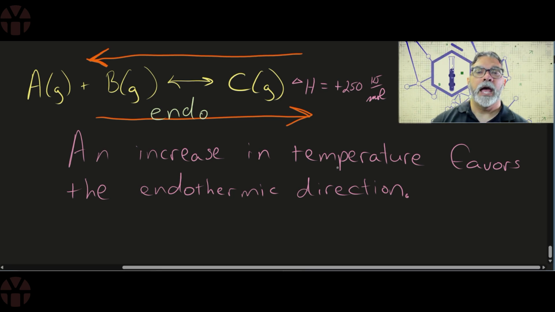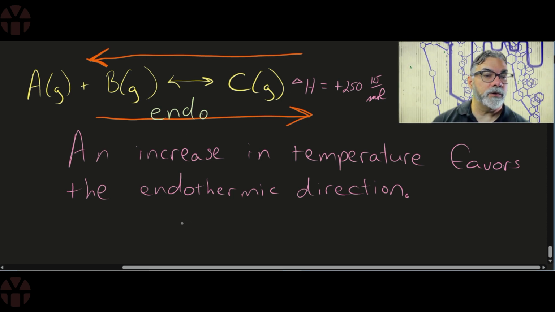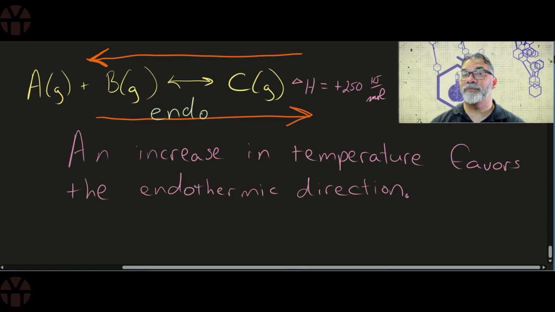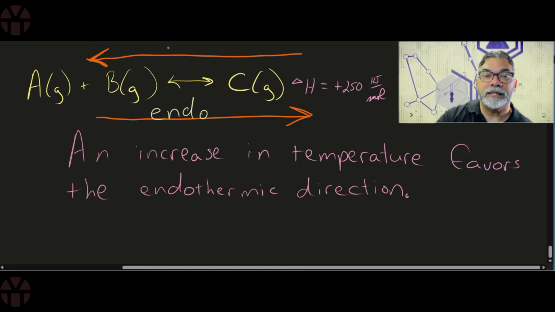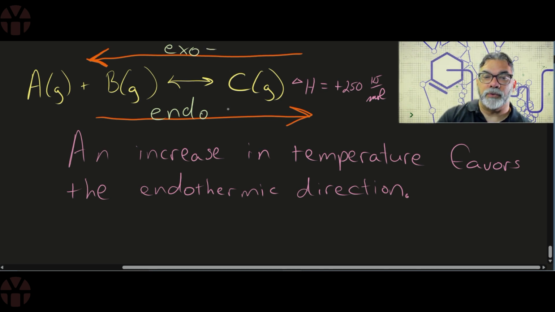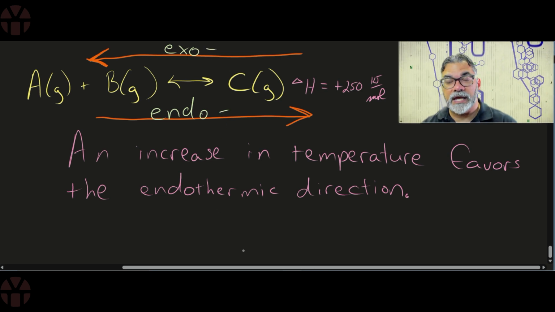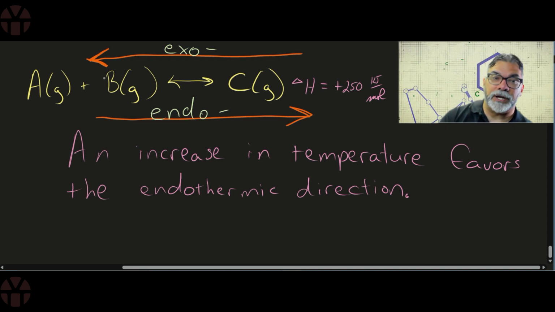Now, if I were to reverse this reaction, if I flip the reaction, I flip the sign, which means when I go from right to left, that is the exothermic direction. So in this case, endothermic left to right, exothermic in the opposite direction.